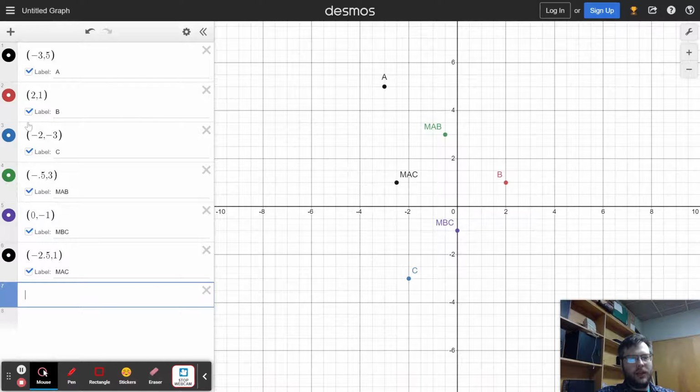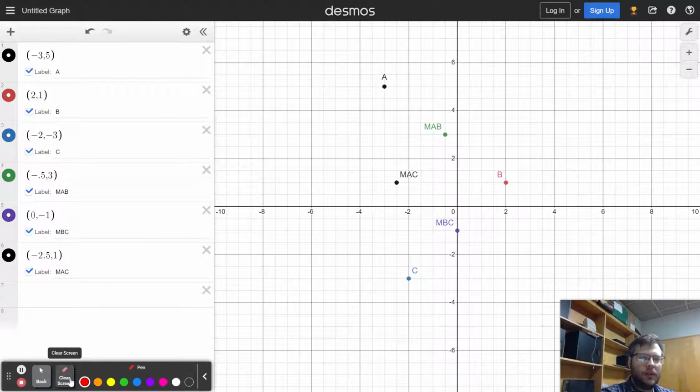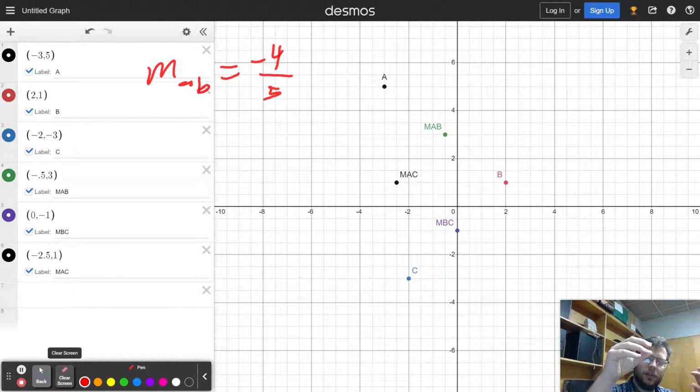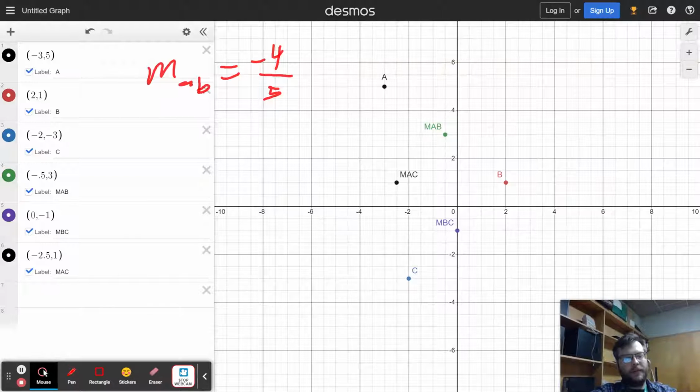So my slope of AB is down 4 and right 5. My perpendicular slope switches to the opposite and reciprocal. So I'm going to have a positive, and it's going to switch the 4 and the 5. So it'll be 5 over 4.